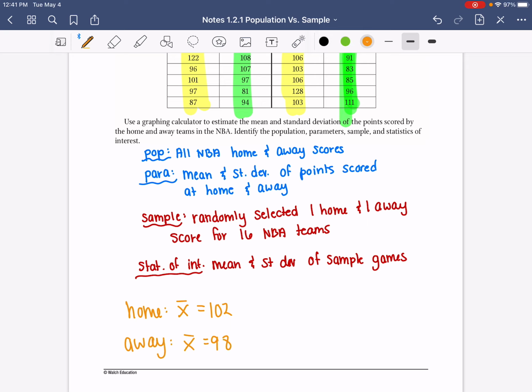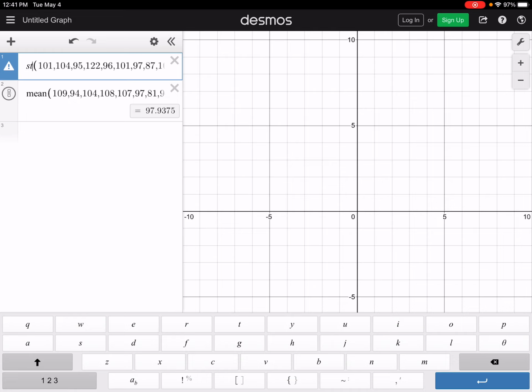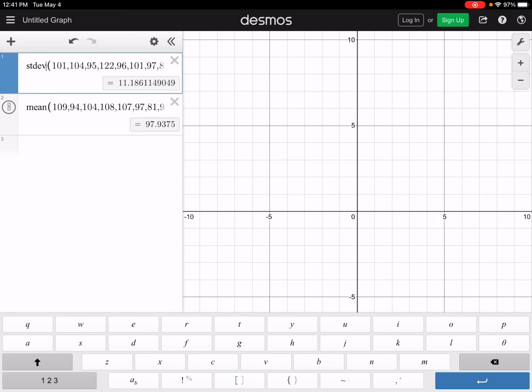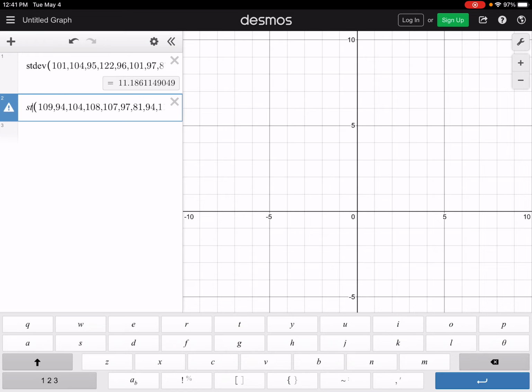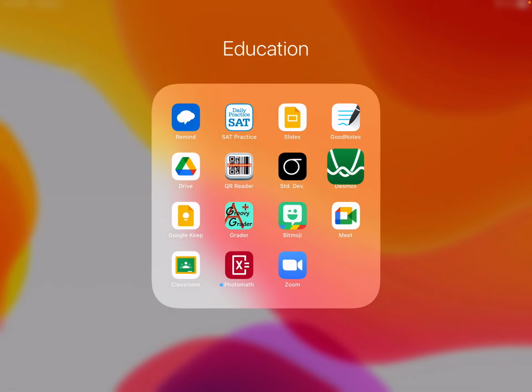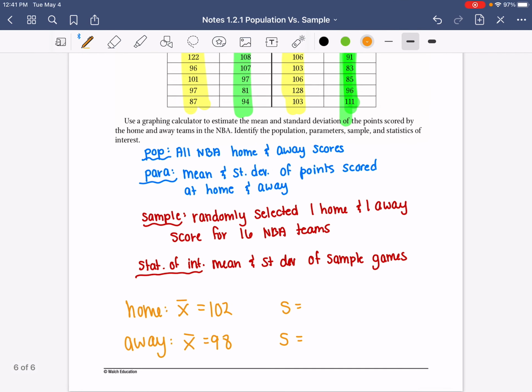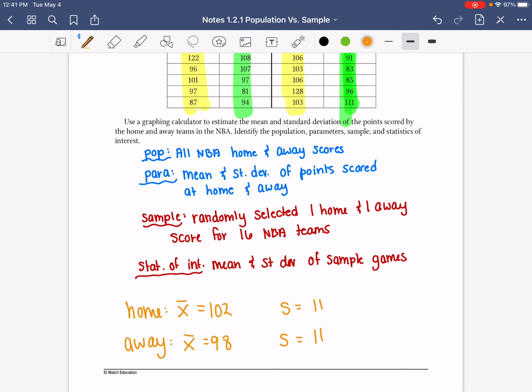I'm just going to delete the word mean and put STDEV for standard deviation. So the standard deviation for the first one is 11.18, so I'm just going to do whole numbers. It's 11. Standard deviation for the away games is 11.4, which also rounds to 11. So both of them have a standard deviation of 11.